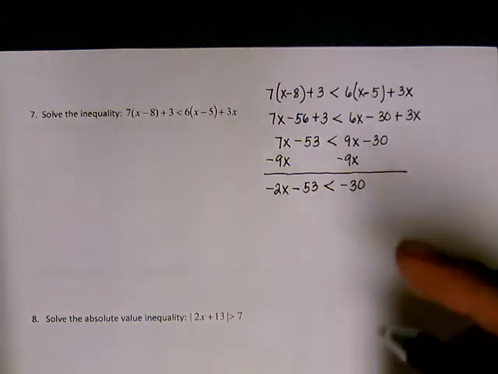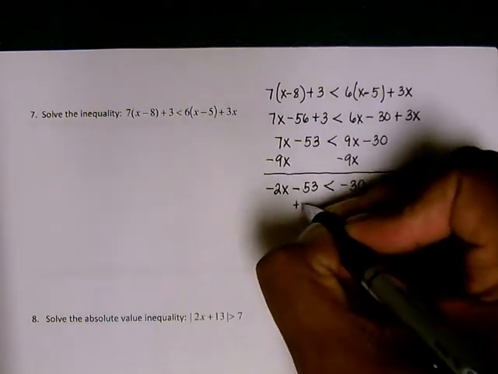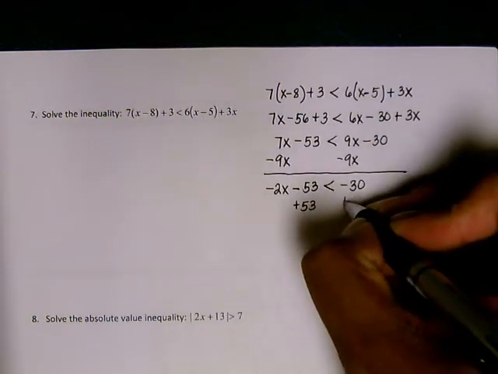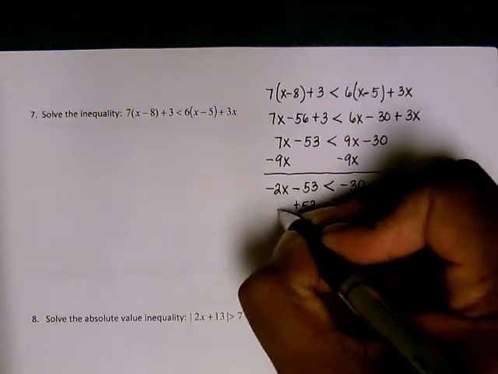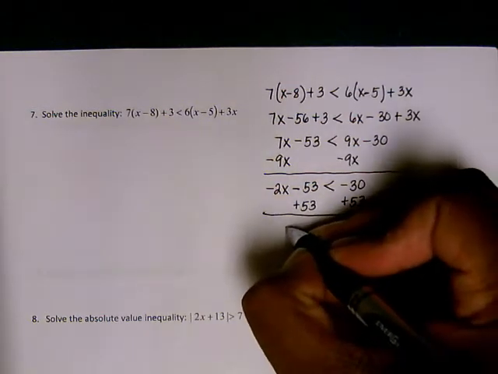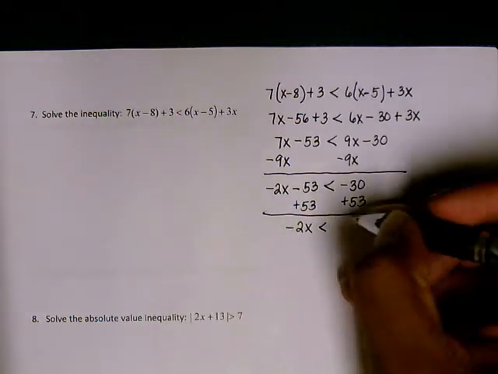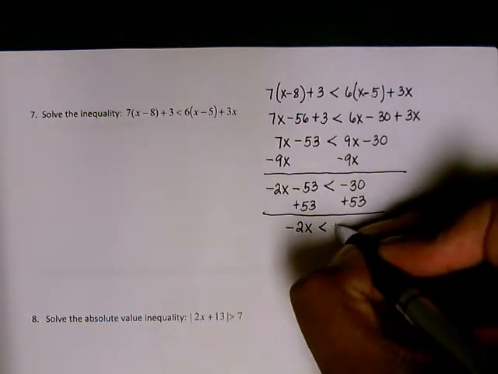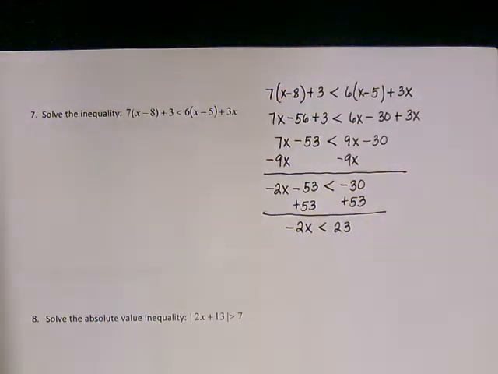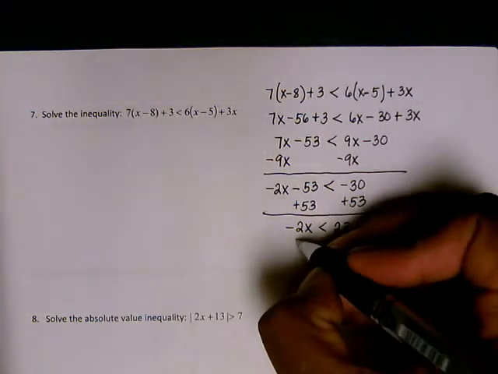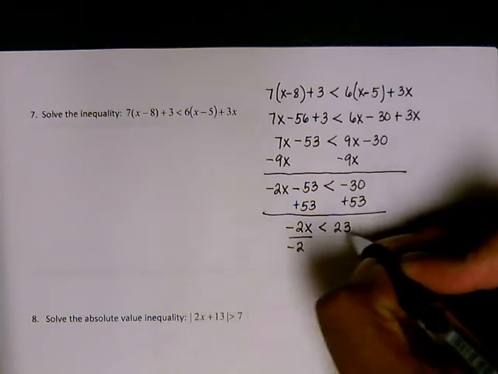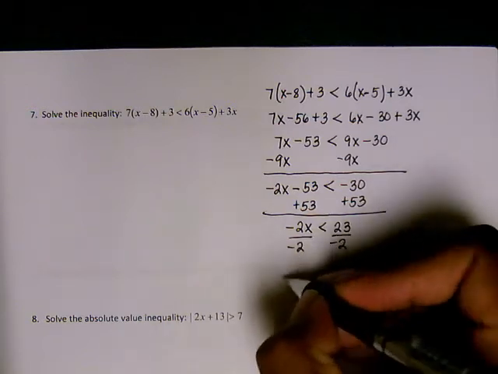Now to get this negative 2x by itself, I'm subtracting 53, so I need to add 53 on both sides. So here I'm going to have negative 2x is less than, negative 30 plus 53 will be 23. So I got negative 2x is less than 23. And then I'm going to divide both sides by negative 2 to get x by itself.